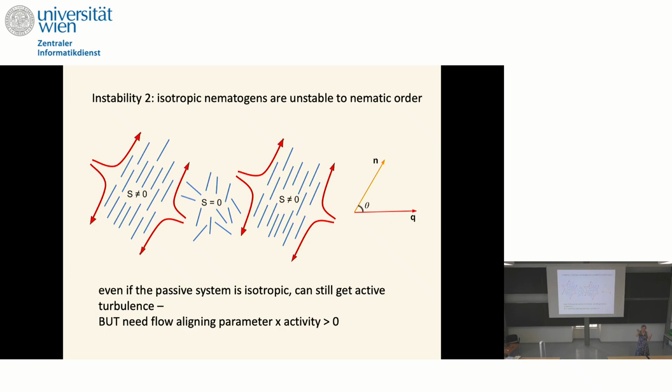You get this sort of cycle where the one instability is busy making it a nematic, and the normal active nematic instability is destroying the nematic order again. That is probably what's happening in these bacterial systems, and it's certainly what happens if you run the simulations. Right, so that's instability 2.